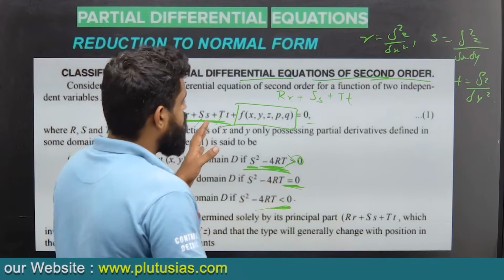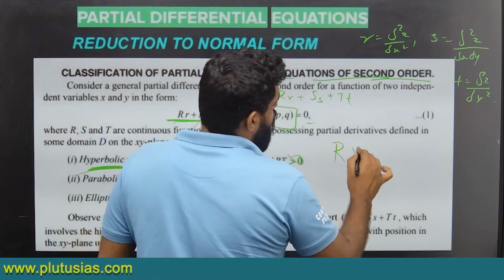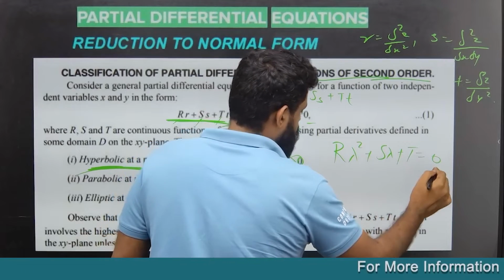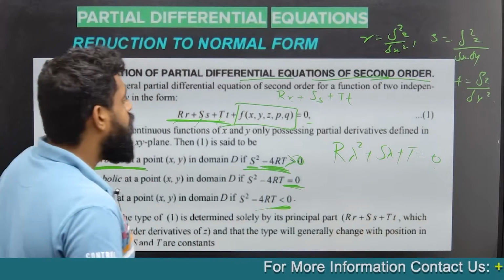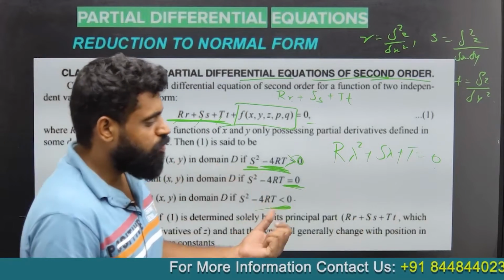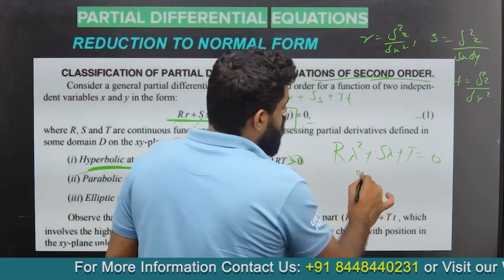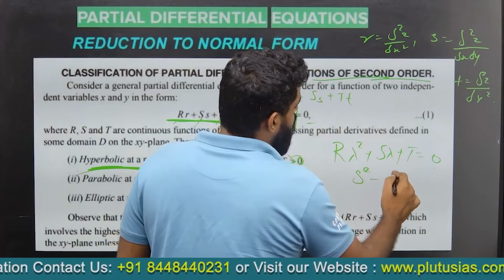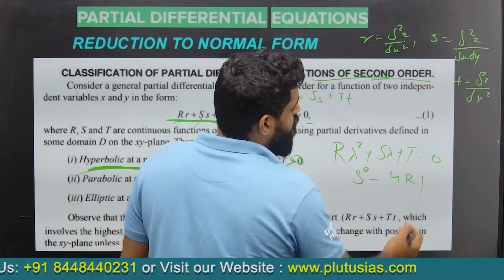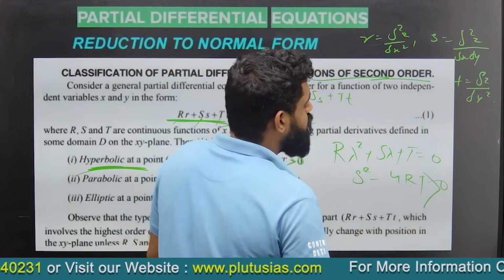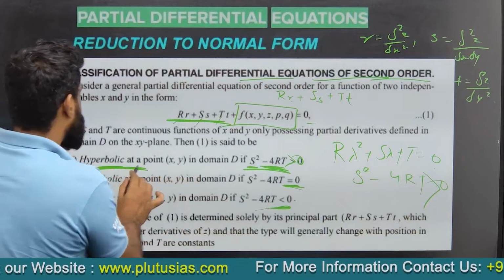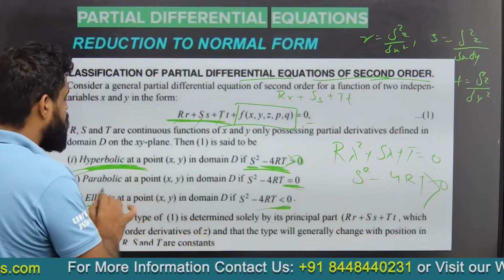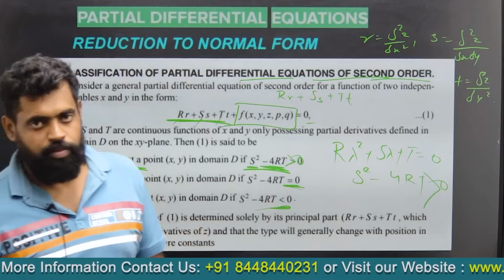We just form an equation rλ² + sλ + t = 0, okay, and we find the discriminant of this. What would be the discriminant? D, which we have read in class 10th also. Discriminant will be s² − 4rt, and if this is greater than 0 then it is hyperbolic, if it is less than 0 then it is elliptic, and if it is equal to 0 then it is parabolic, okay.